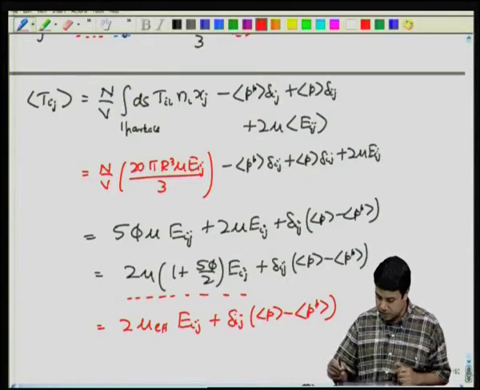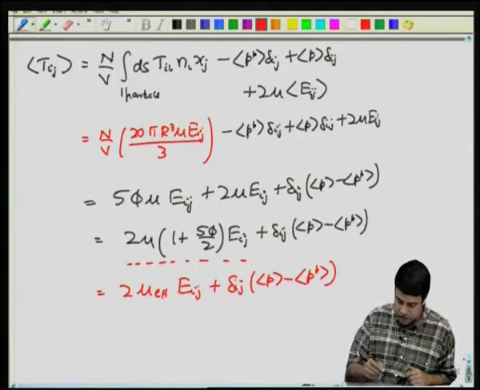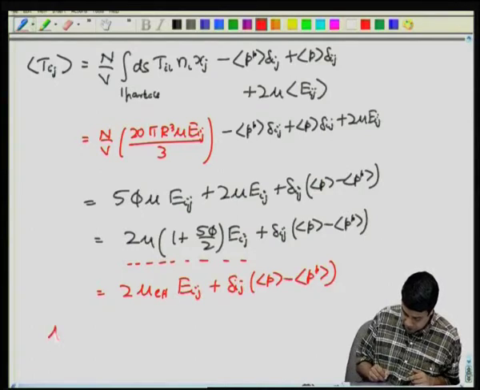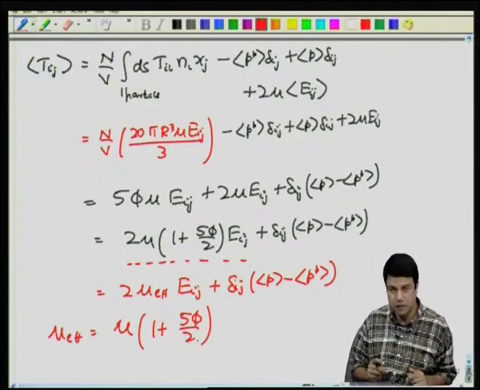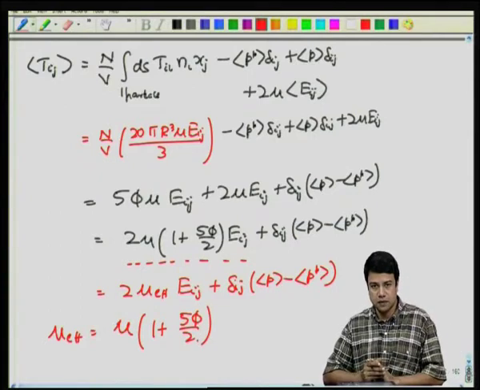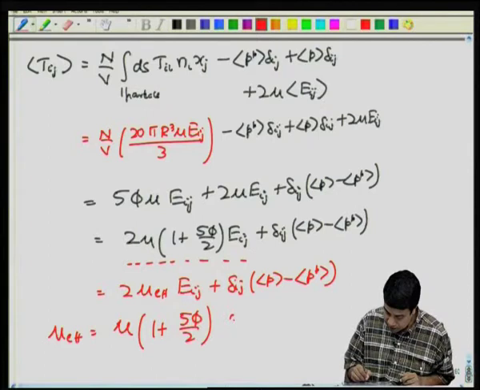So, the effective viscosity of a suspension of particles, mu effective, is equal to mu, the viscosity of the fluid, times 1 plus 5 phi by 2. This is called the Einstein viscosity.